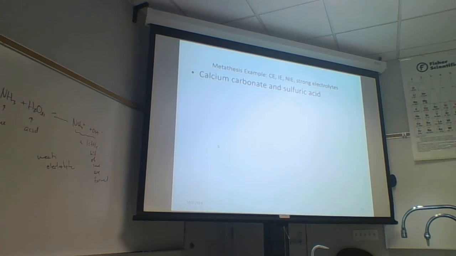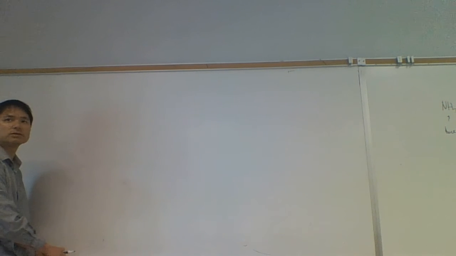All right, so what we're going to do is look at a typical metathesis reaction. This would be a typical question that you'd see: what happens if you mix calcium carbonate with sulfuric acid? First thing we've got to do is, what is the formula for calcium carbonate?